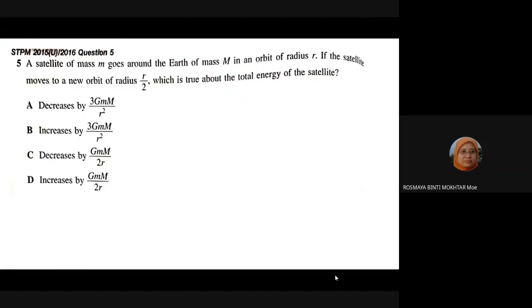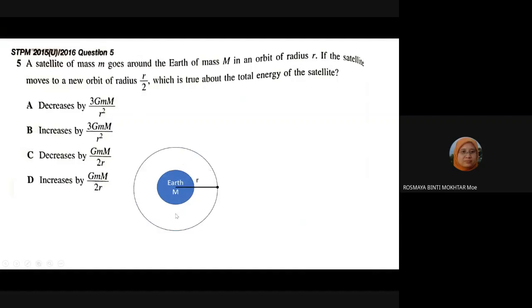Okay, question 5. A satellite of mass m goes around the Earth of mass M in an orbit of radius r. If the satellite moves to a new orbit of radius r per 2, which is true about the total energy of the satellite? Okay, so this is the Earth.